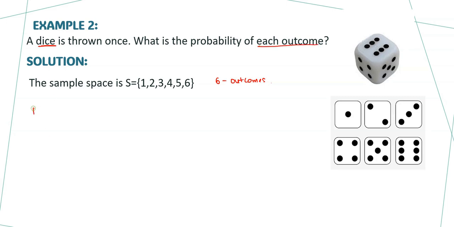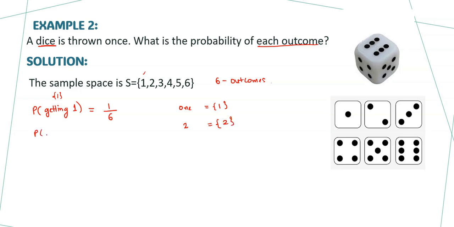It means they want the probability of getting the number 1. So how many times do you see 1 here? It is only 1. So the favorable outcome is only 1, over how many total? 6. If they ask how many times the number 2 appears, it's only once.